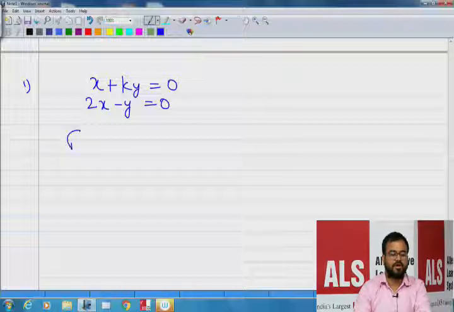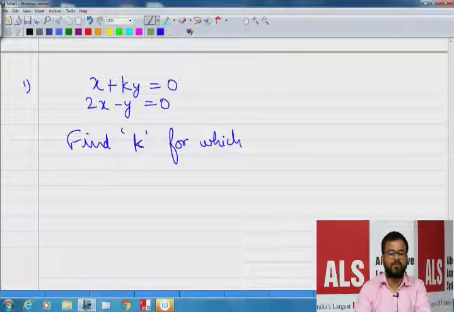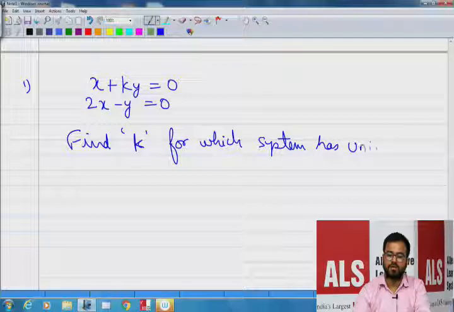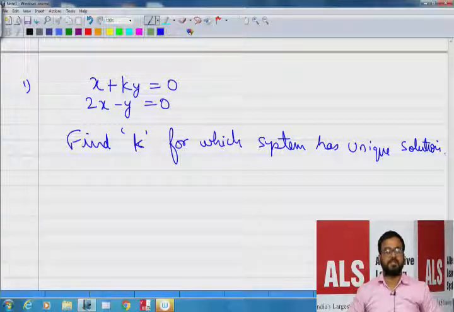Okay, so you have to find the value of k for which the system has a unique solution. What should be the value for k for which the system has a unique solution?